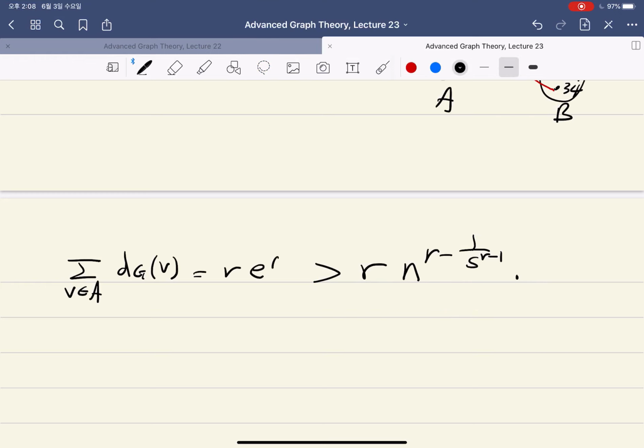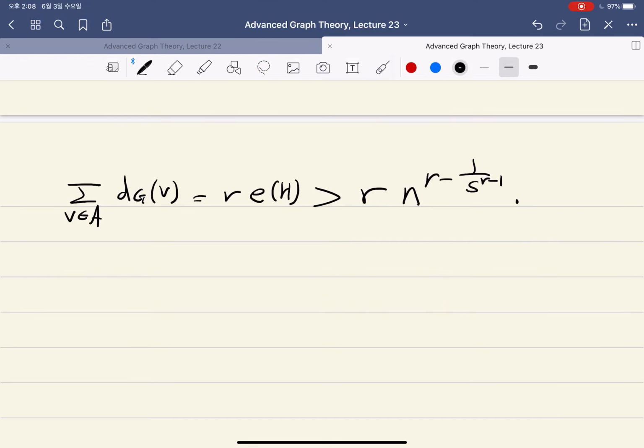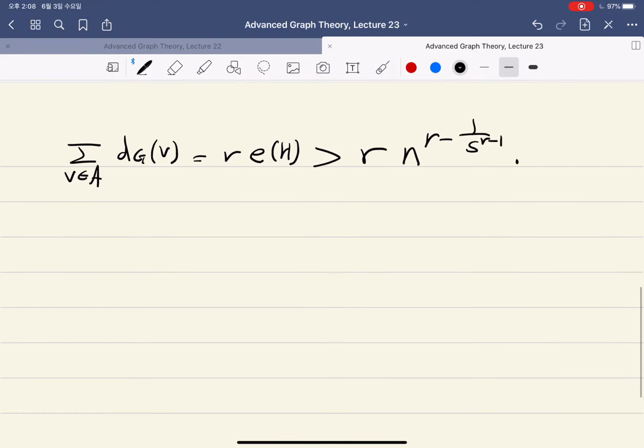This is actually r times the number of edges in H. So this is what we have.